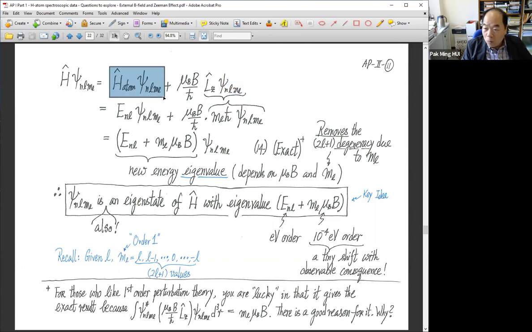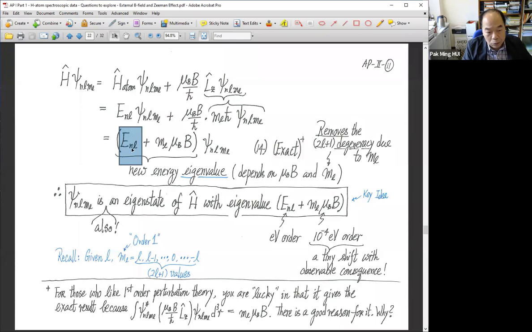This is the old problem, the atomic problem, that in general should give us energy depending on N and L. Only for hydrogen, we have an accidental degeneracy where E depends on N only. For general spherically symmetrical potentials, central force problems, the energy should depend on N and L.